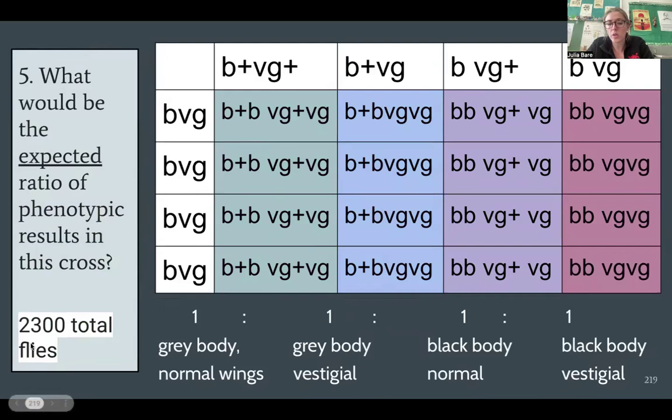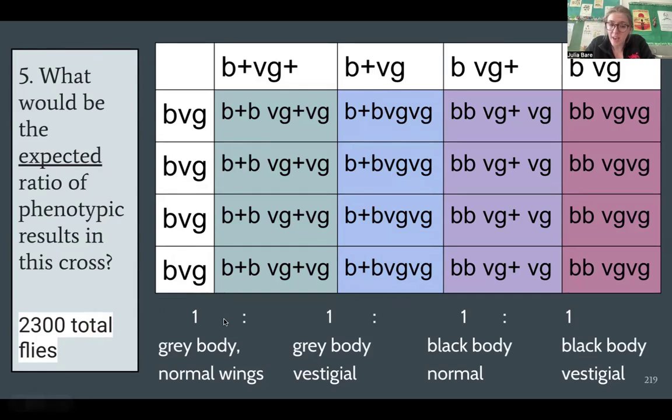You take your total number of offspring. You have 2,300 total offspring. And you take that value and you multiply it by the ratios that you had. Now, if we go back and we were to think back on how we looked at the ratios for these questions, technically 1:1:1:1 ratio was a reduction. Originally, this would have been 4 out of 16, 4 out of 16, 4 out of 16, and again 4 out of 16.